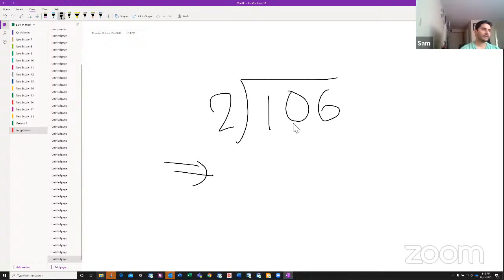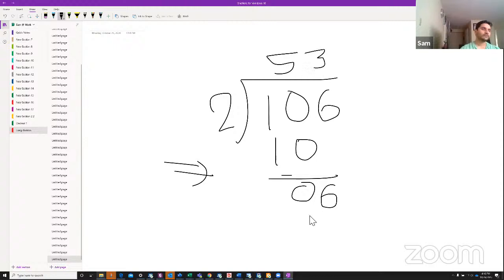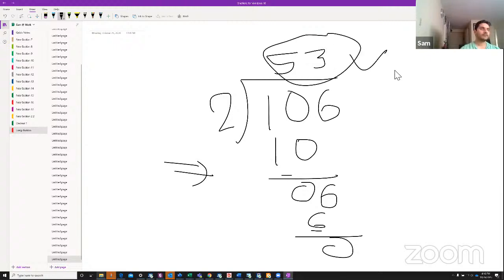So we're going to divide 10 by 2. If we divide 10 by 2, it's going to be 5. It's going to be 10. Then you have a 0. We're going to drop down that 6. If you divide that 6 by 2, it's going to be 3. And 6 minus 6 is 0. So 53 is the right answer for this one.